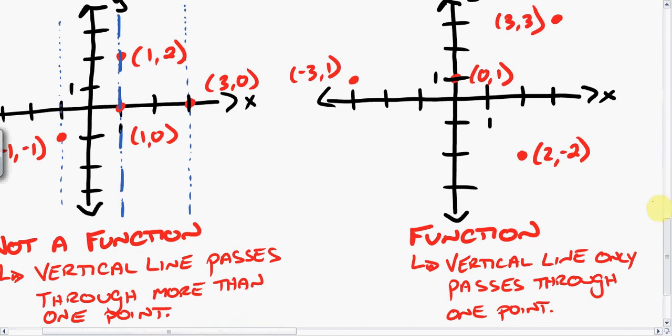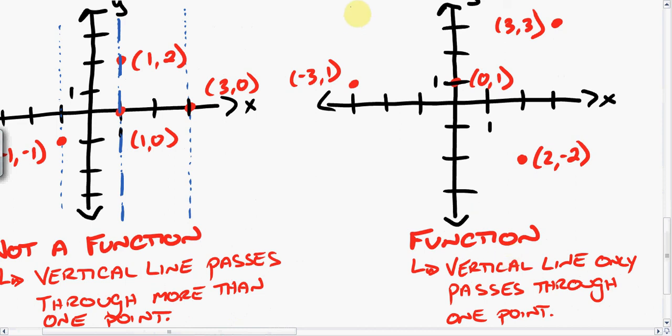This relation over here is a function, because if I were to draw a vertical line through each of these points, we would see that the line passes through only one point each time. So if your vertical line passes through only one point, you know you have a function. So what part of our ordered pair will help us identify whether we have a function or not?